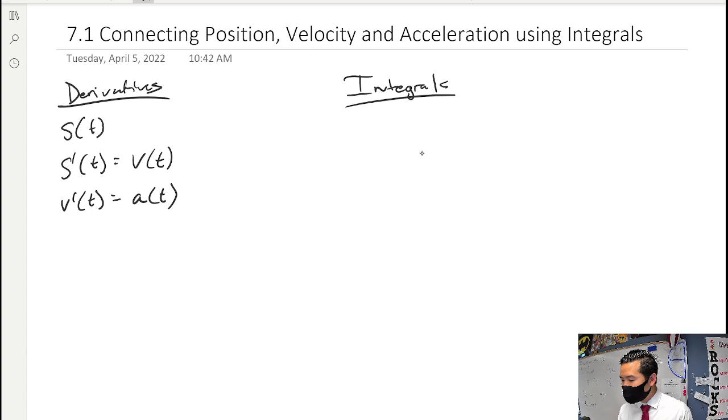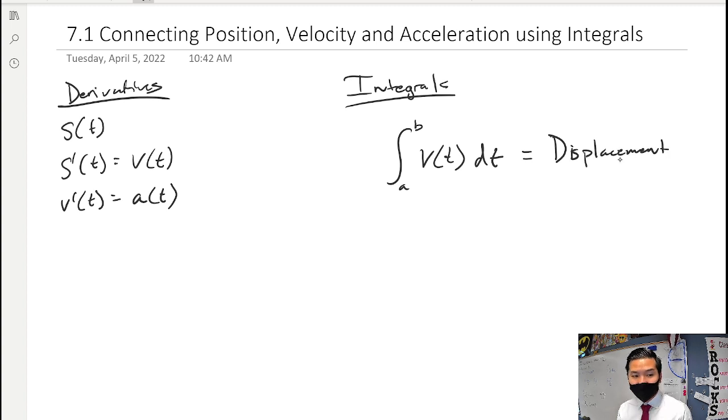If I give you a velocity function and I ask you to calculate the integral from a to b of that velocity, this doesn't necessarily give you the position function. What this actually tells you is the displacement, or if you want to say the net distance traveled.